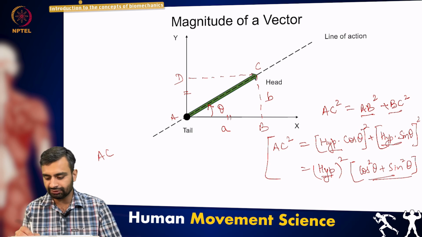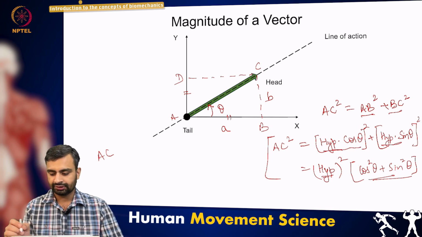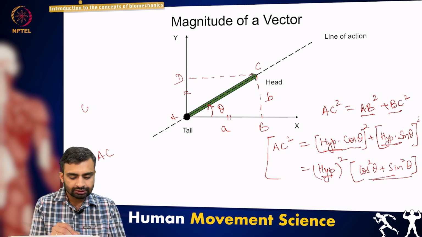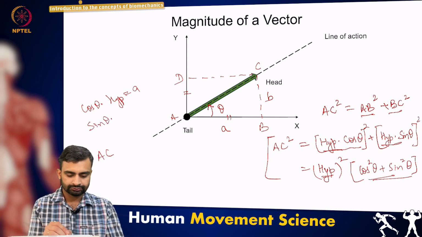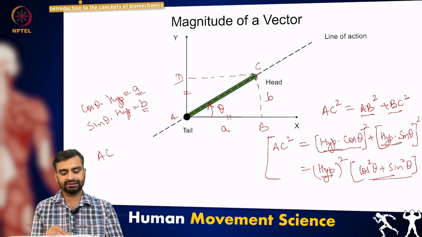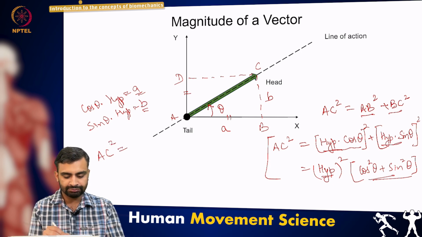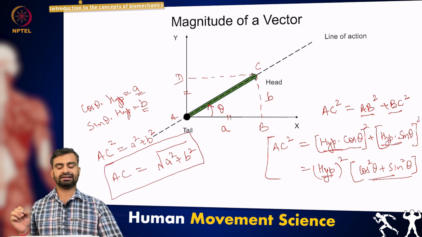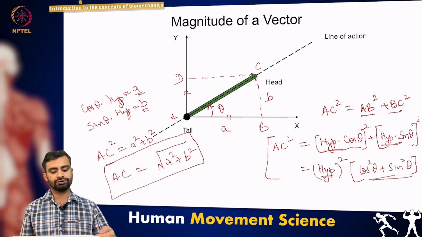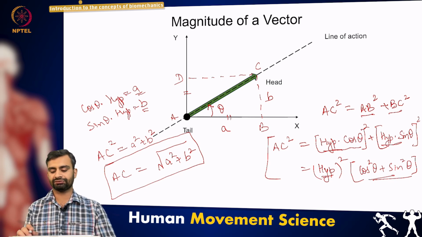So cos theta times hypotenuse is equal to A and sin theta times hypotenuse is equal to B. In case we are given just the magnitude of the vector, AC square will be A square plus B square, and then AC will become the square root of A square plus B square. This is generally what you will see in numerical examples. So that is how you will calculate the magnitude of a vector.